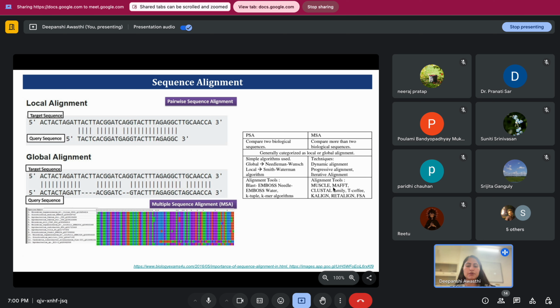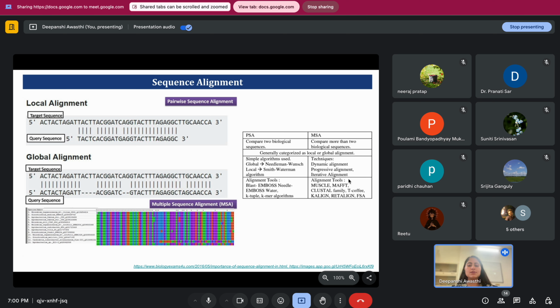And I have provided you different tools which are generally used. In case of pairwise sequence alignment, you have heard about BLAST. BLAST is majorly used for pairwise sequence alignment. Then EMBOSS Needle, EMBOSS Water, K-tuple and Kmer algorithms.